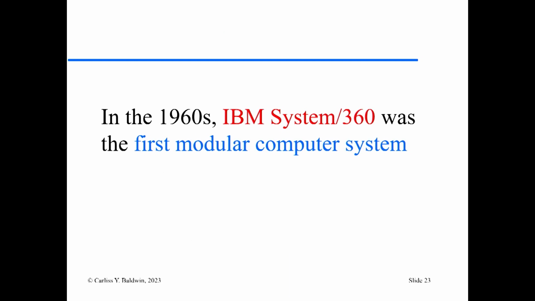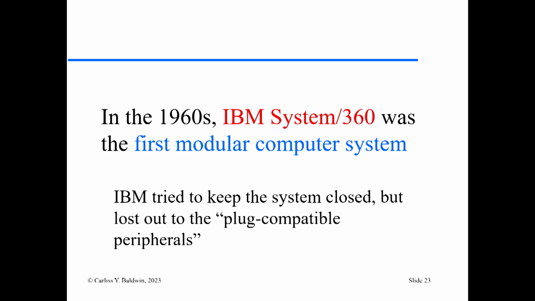So in the 60s, the IBM System 360 was the first modular computer system. We can date it. Markets have been modular forever. Buyers and sellers are not the same as owning the exchange. But the first modular product system was the IBM System 360. They had to invent how to do it, basically.